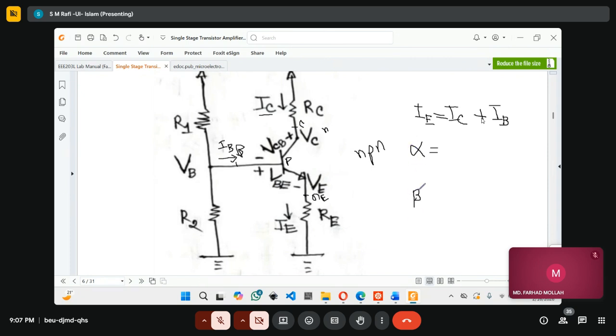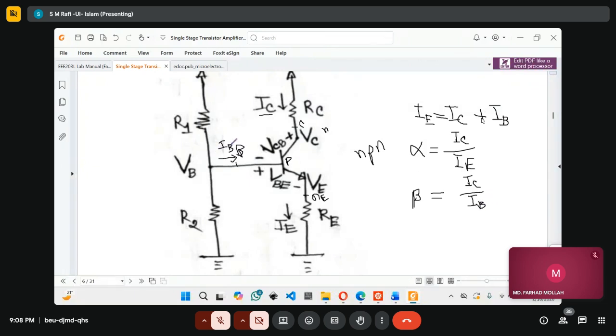That is controlled by alpha and beta. Alpha is the current gain, that is IC divided by IE. And there is something called open circuit gain, that is beta, which is IC divided by IB.